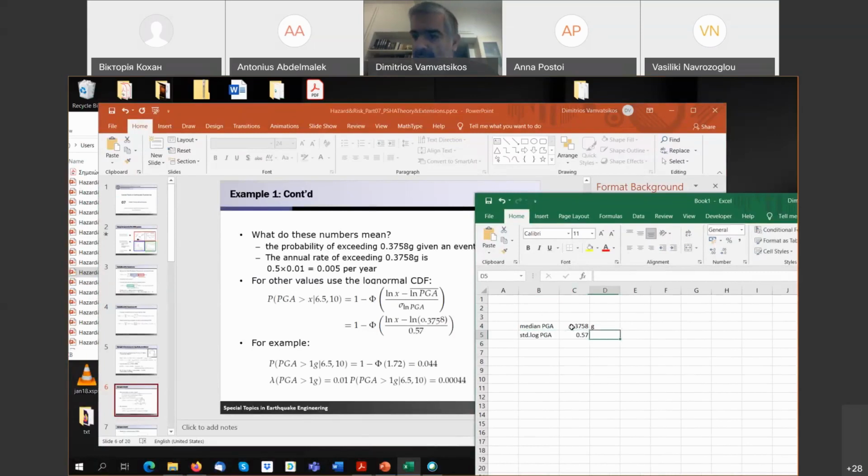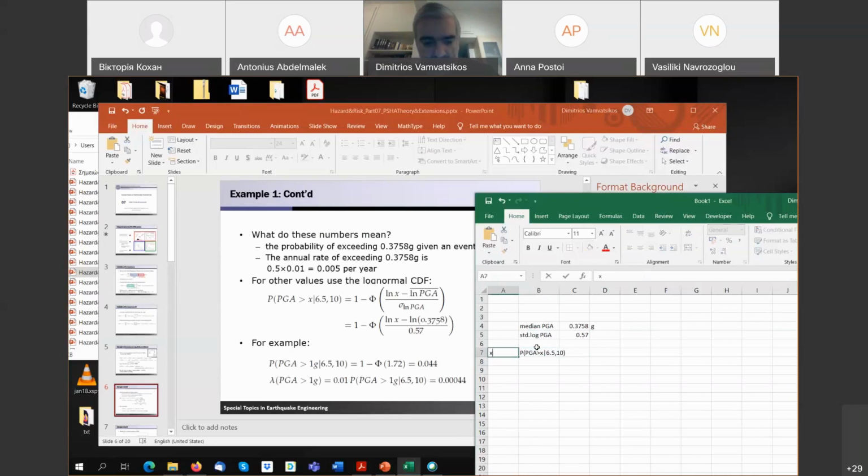These all come from the Cornell equation. You got them here. And now you're looking for the probability of PGA greater than X. Your M and R, by the way, are deterministic.